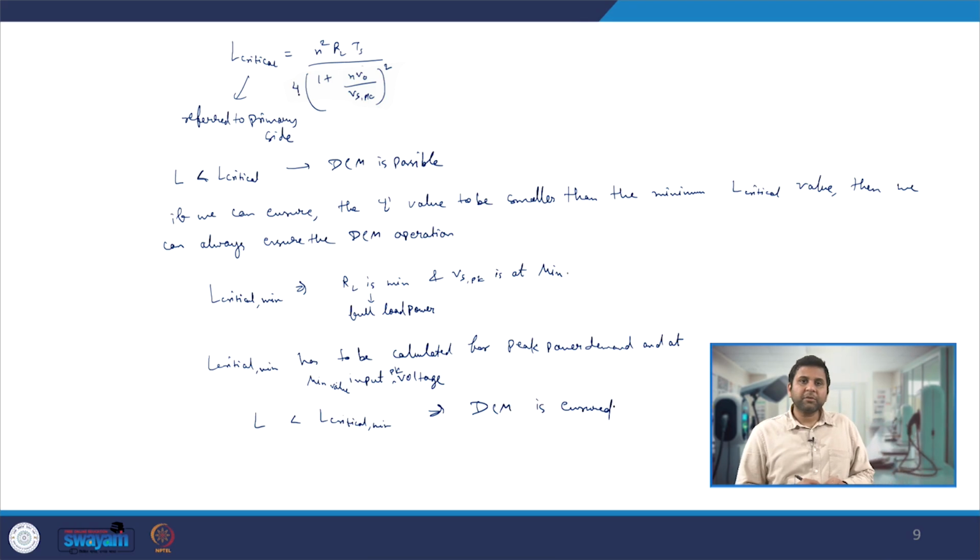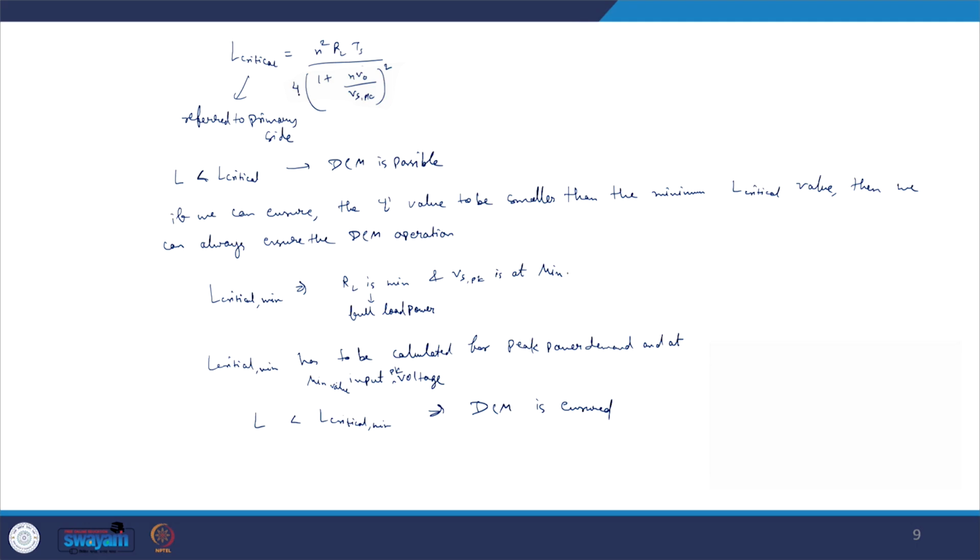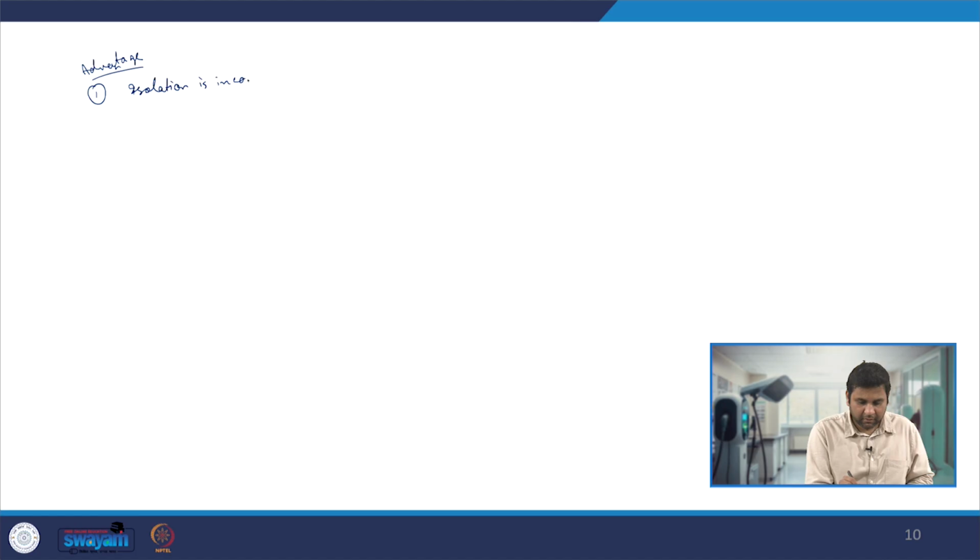And why do we need DCM? Because once we have DCM operation, we can ensure that the diode bridge converter sees a purely resistive load, and when there is a purely resistive load, you will draw a unity power factor current from the source. The advantage you will get is that isolation is incorporated, and you have the voltage follower mode.